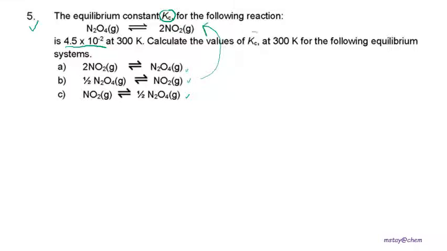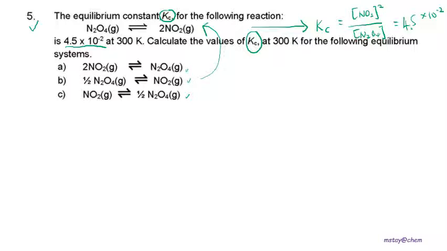We are going to calculate the Kc expression for each of A, B, C. First we look at the first equation, the Kc expression in the question given here. Kc is equal to concentration of NO2 to the power of 2 over concentration of N2O4. We don't need the concentration at equilibrium because the question already calculated it for us, which is 4.5 × 10^-2.